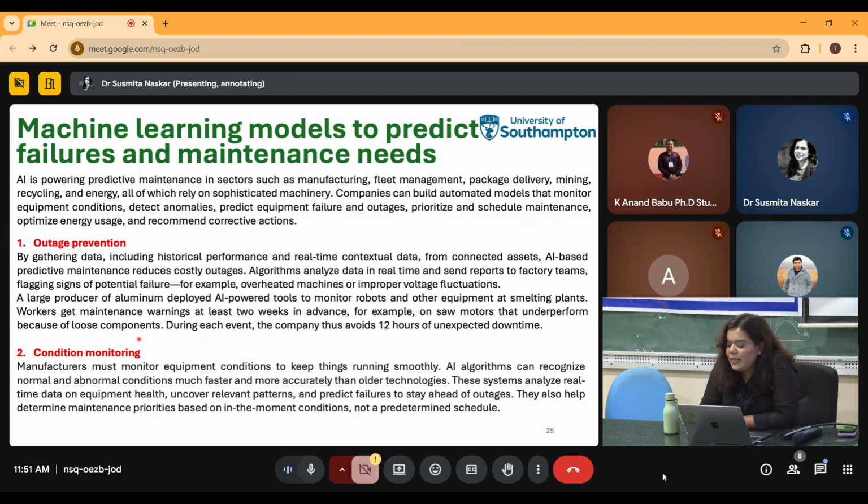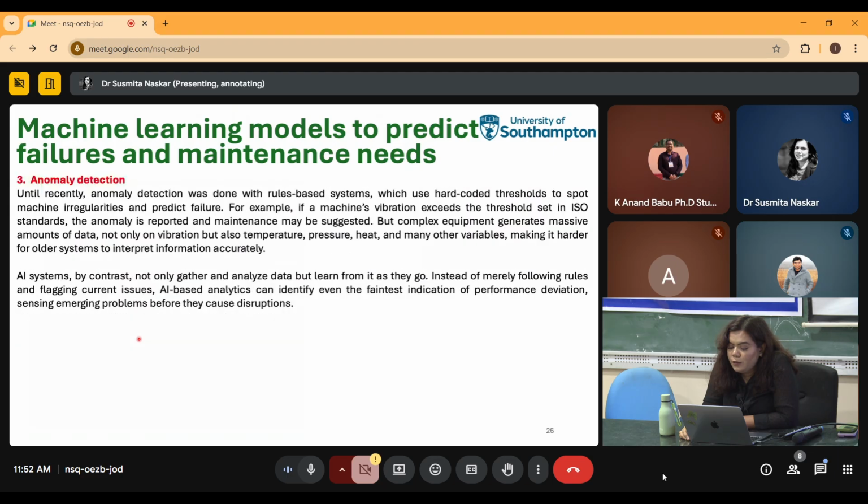Crucially, these models help determine maintenance priority based on live condition rather than a rigid maintenance schedule. In essence, artificial intelligence driven predictive maintenance allows us to be proactive. It prevents failures before they can happen, and keeps the operations running very smoothly.